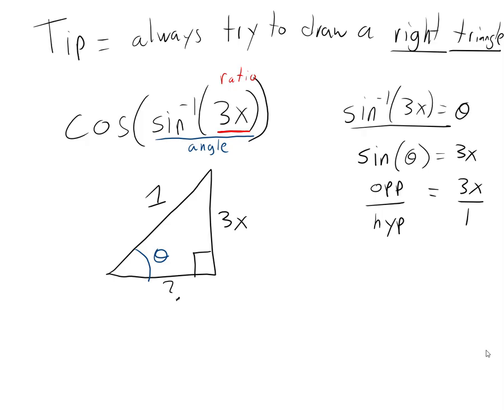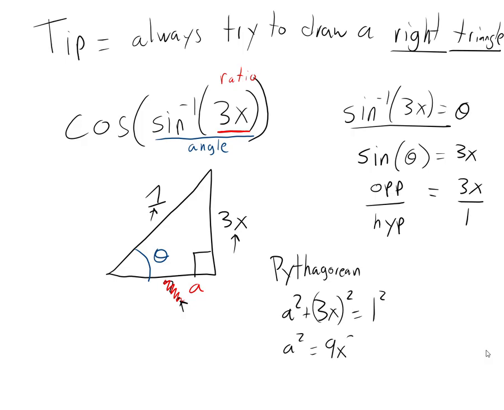Well, the sine inverse doesn't really tell me anything, but remember, we have the Pythagorean theorem, which says that this squared plus this squared equals this squared. So for right now, if you'll let me, I'm just going to call this side a. The Pythagorean theorem tells me that a squared plus 3x squared is 1 squared.